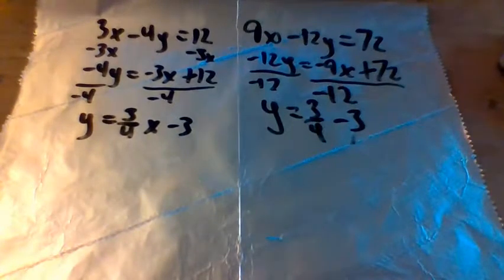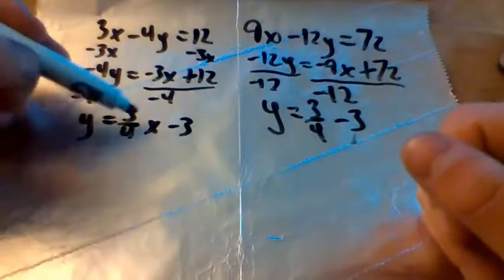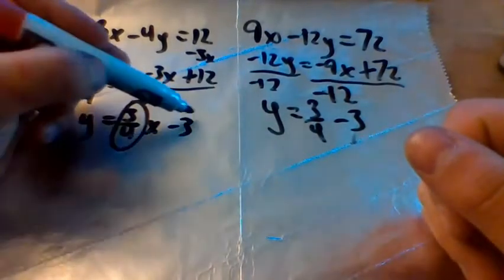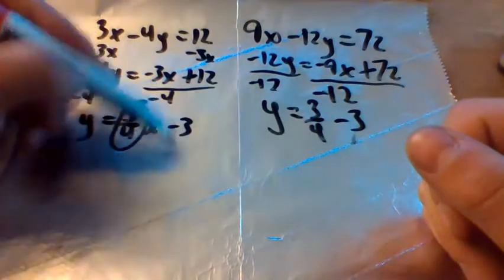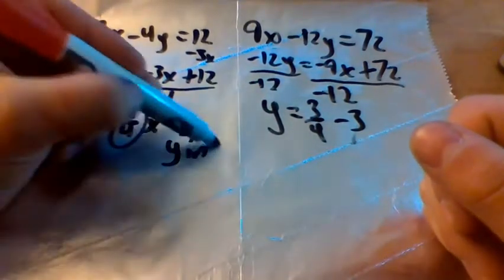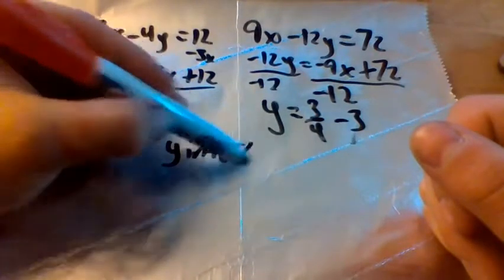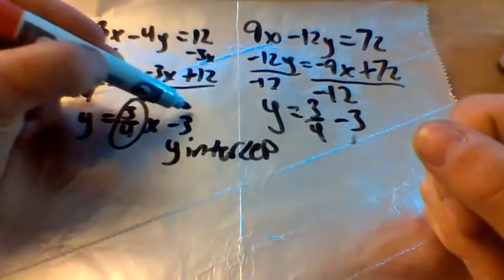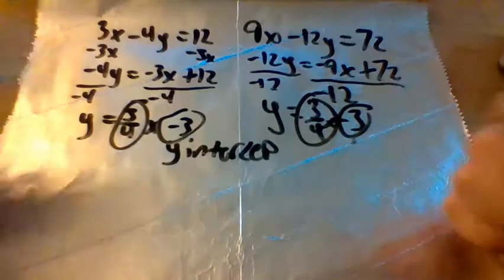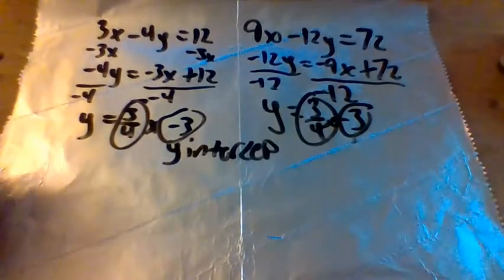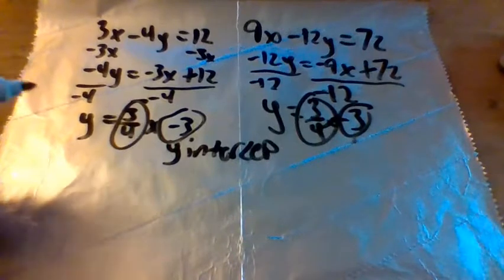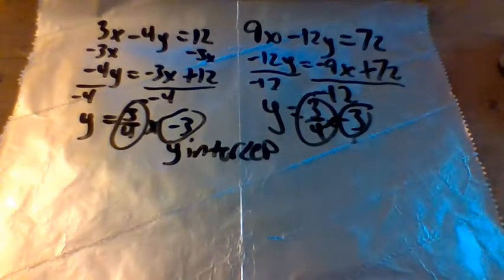And so you can tell these are parallel lines because of the slope and the y-intercept, which you can tell they're both negative 3 on each one, and the slope is 3/4. And that's how you can tell they're parallel.